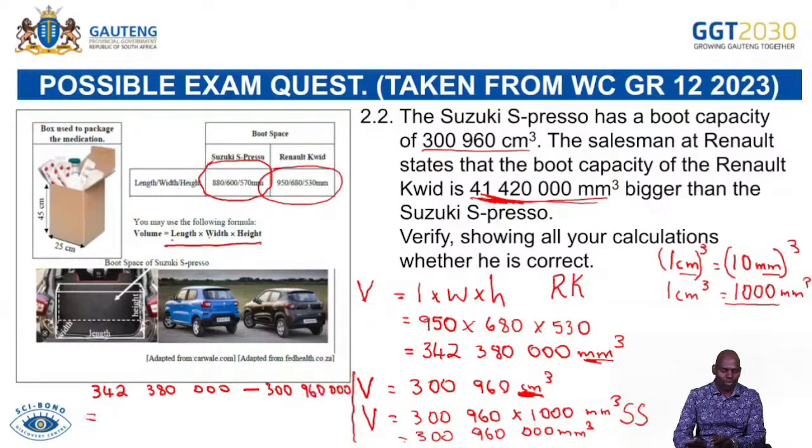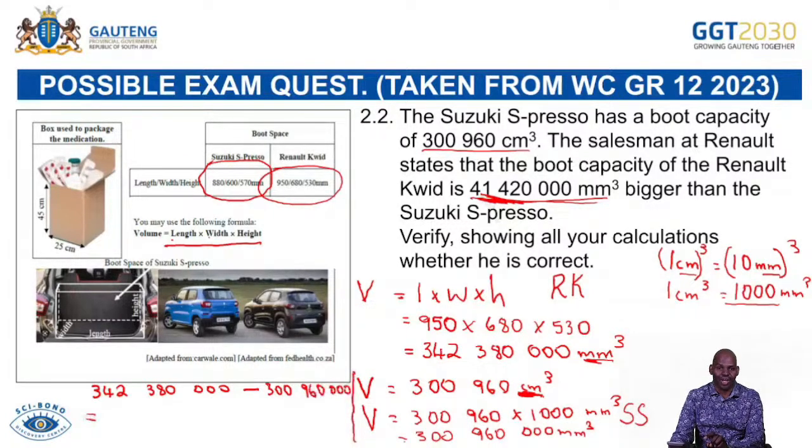Now, if I take my calculator, I say 342,380,000 minus 300,960,000.